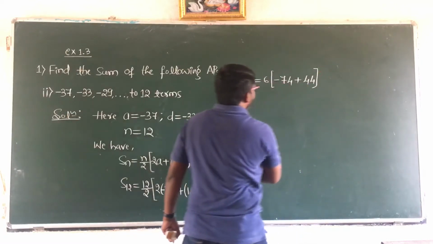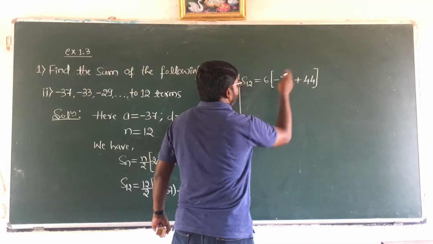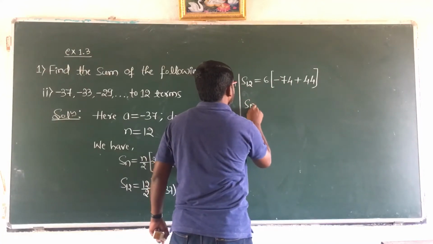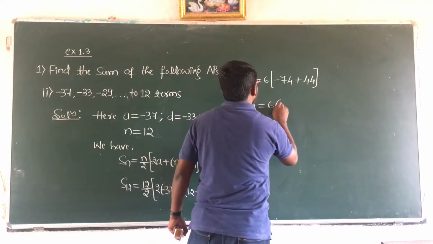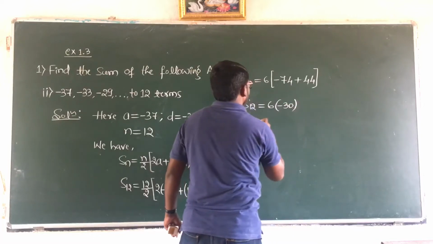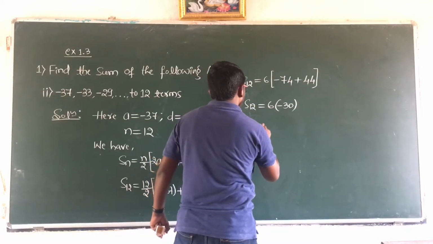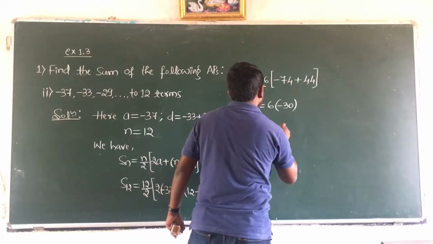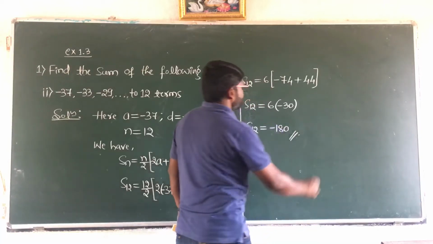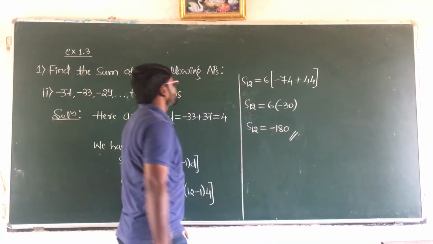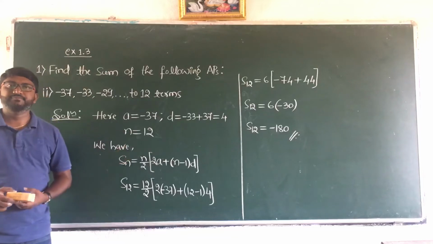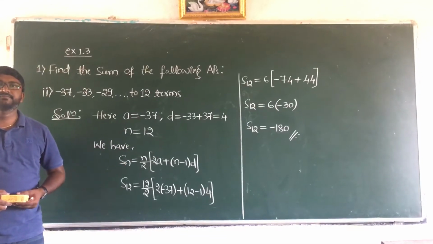So minus 74 plus 44 gives us minus 30. S_12 is equal to 6 into minus 30, which is minus 180. So this is the final answer for the second sub question. Pause the video to note it down.